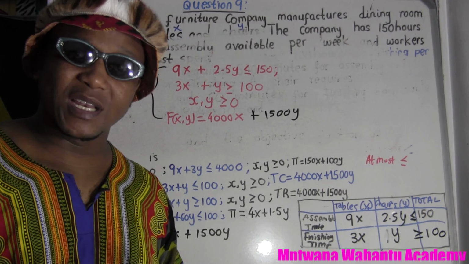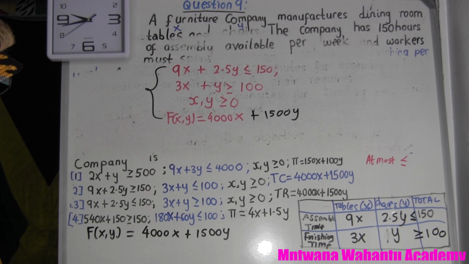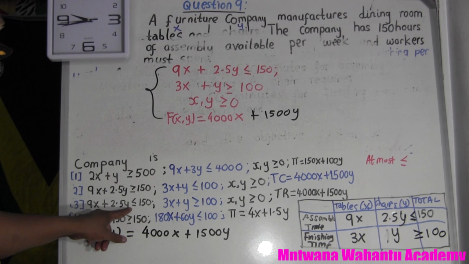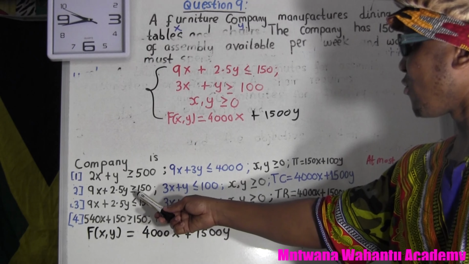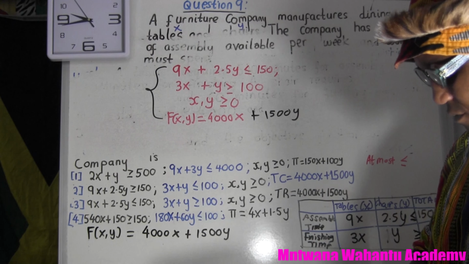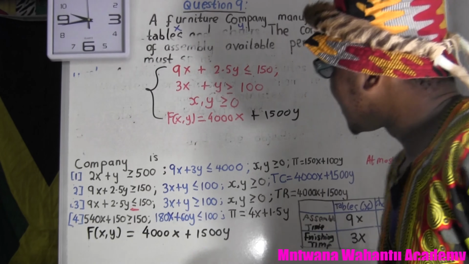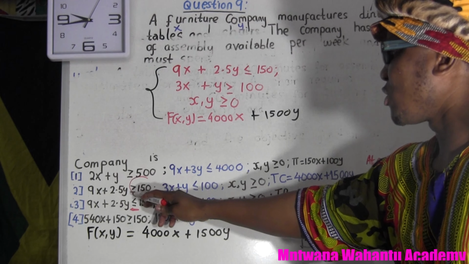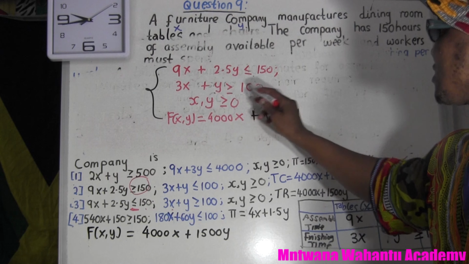So we come to the options and pick the constraints and this objective function. Let's come here and see. Okay, 9x plus 2.5y, it must be less than or equal. See? The only thing they confuse is that they give this at first, but no student is going to get confused. This is our answer. 3x plus y greater than or equal to 100.